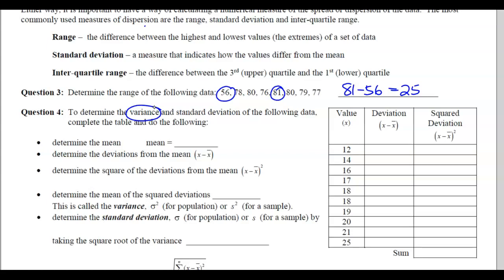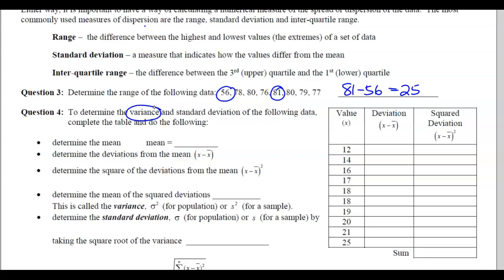I've seen that more than asking for the standard deviation. The only difference between variance and standard deviation is variance is the square of the standard deviation. Or the standard deviation is the square root of the variance. So they're very easy to calculate. We're going to calculate by hand, but after this, you're just going to use your calculator. Okay?